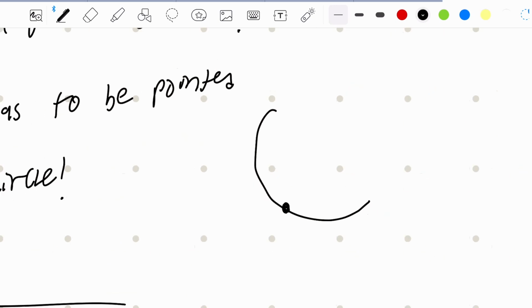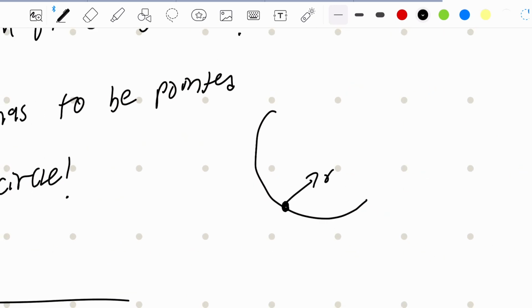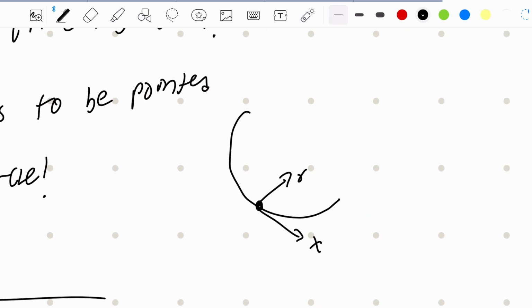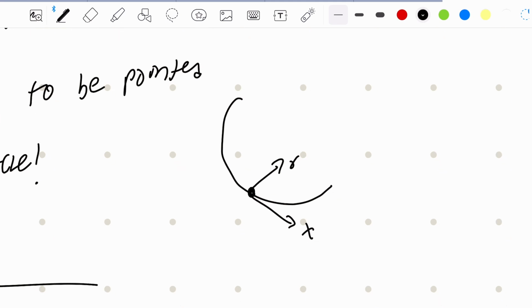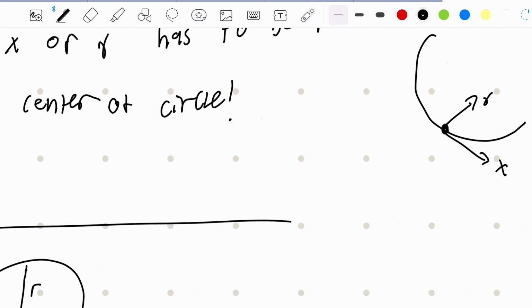So you're always going to have y or x pointing towards the center of the circle, so that you don't have to do any kind of funky angles to solve for the actual acceleration in the centripetal direction. No matter what the path looks like, you'll always have something pointing towards the center of the circle. That way you always keep your centripetal acceleration positive and don't have to do any weird angles for it. So let's do some practice.